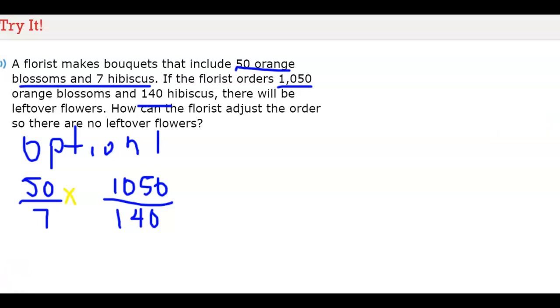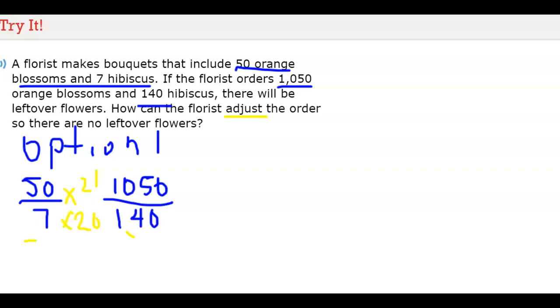50 times 21 is equal to 1,050, but 7 times 21 is not 140. You actually have to multiply 7 times 20 to equal 140. So because these 2 numbers are not proportional, like it said in the problem, we would have to adjust.